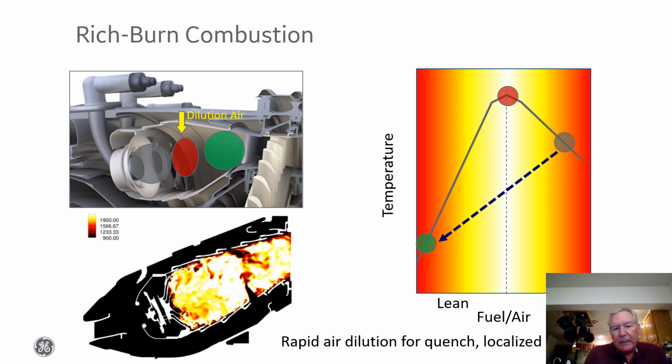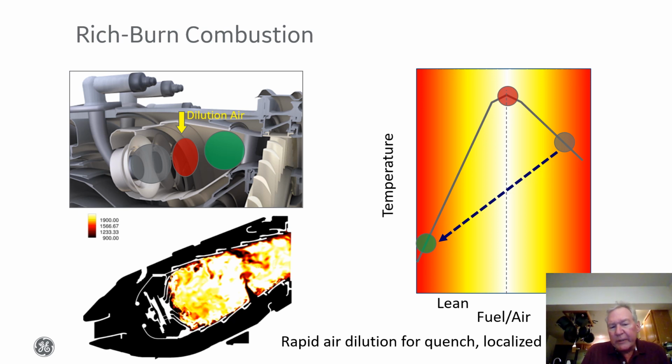So in the depiction on the right hand side, where we have temperature versus fuel air ratio, in the head end or in the front end of this combustion chamber, we start in a fuel rich condition. So that gives us a somewhat lower temperature than the stoichiometric value, which would be at the max or near the peak of this curve.